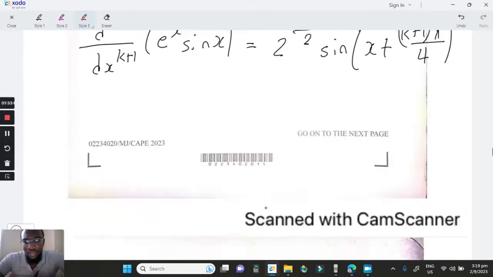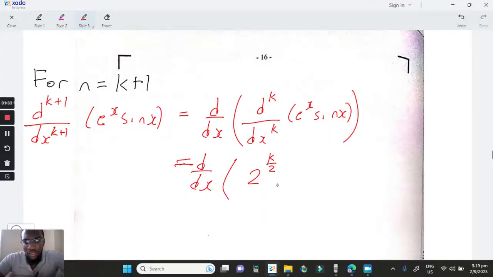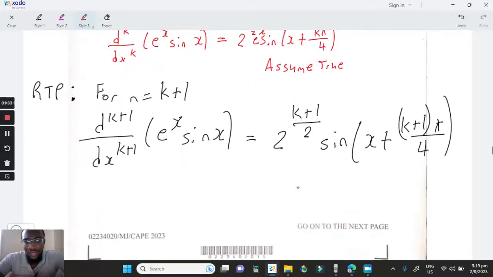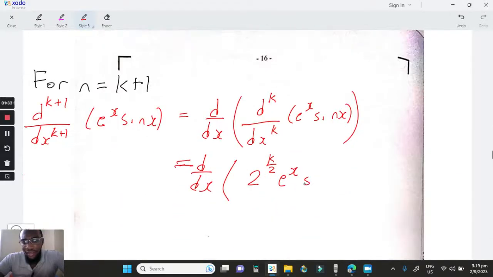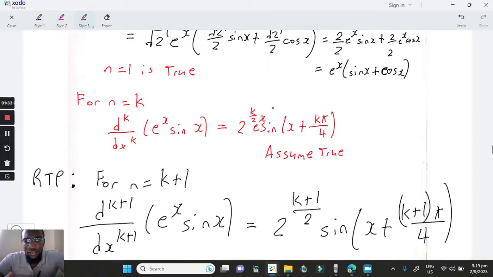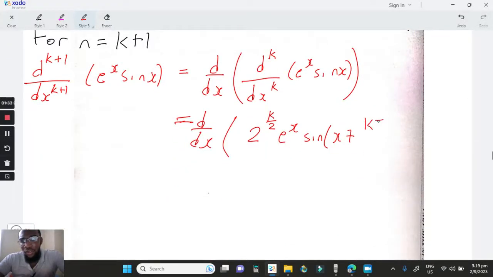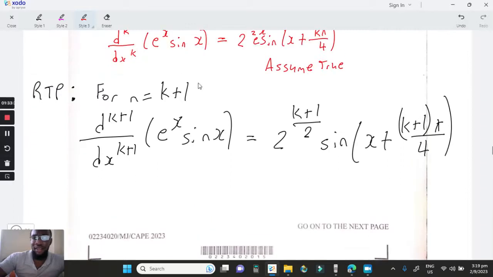So 2 to the k over 2, e to the x, sine of x plus k pi over 4. And then now we need to show that when we differentiate it, we should get this right here.